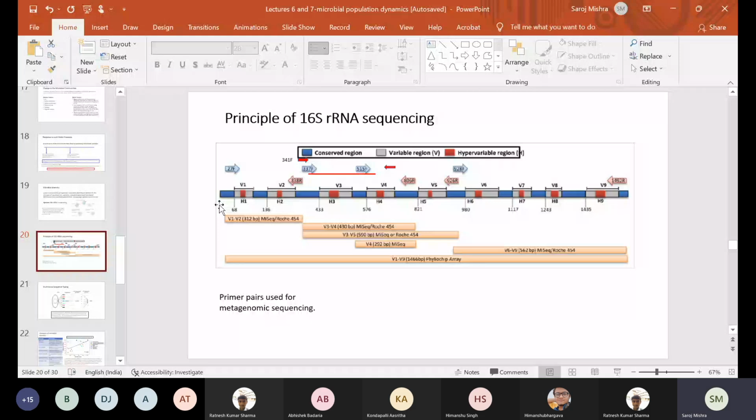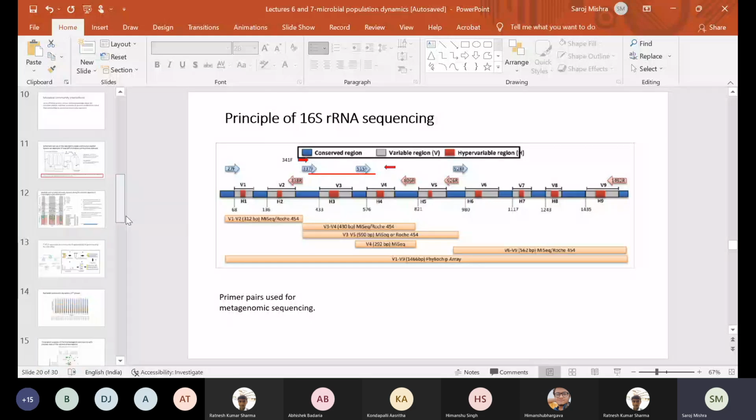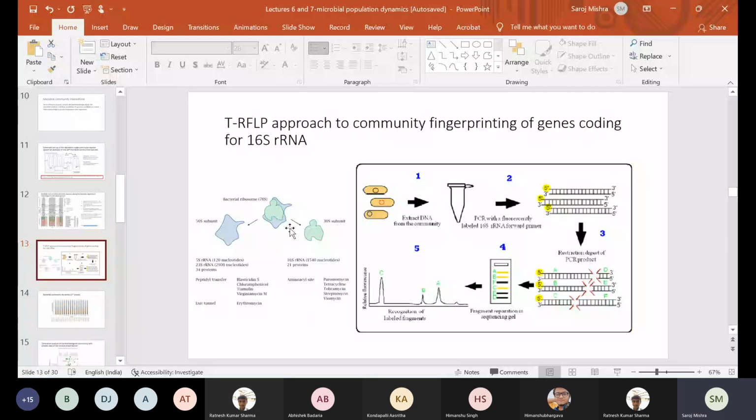Okay. Let me, Ratnesh, we have to go back and recall our fundamentals. So now let me show you this picture very quickly. Can you see the picture on the left here? It is a bacterial ribosome, which is 70S, and it is made up of two subunits, the 50S subunit and the 30S subunit.